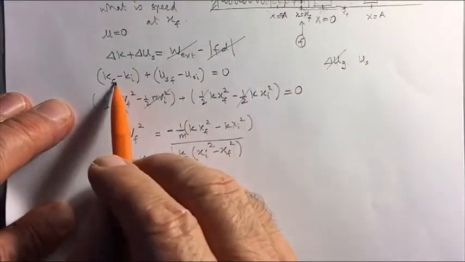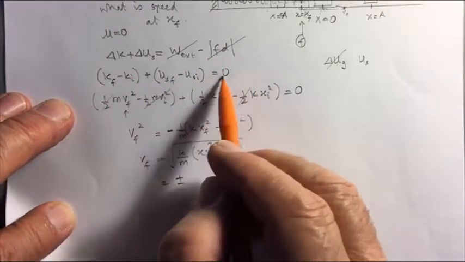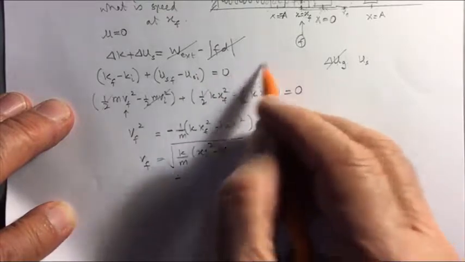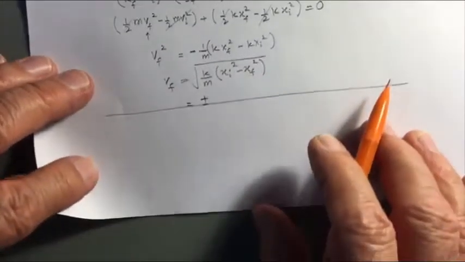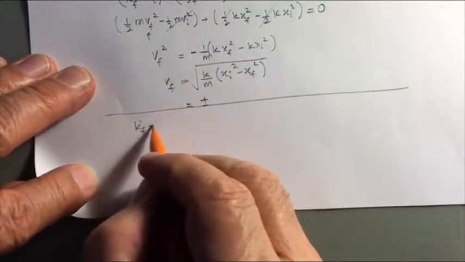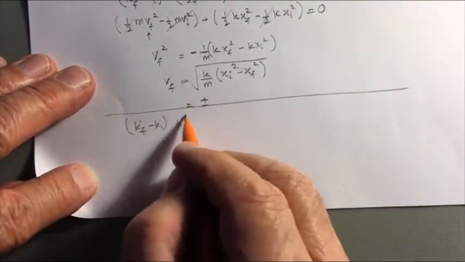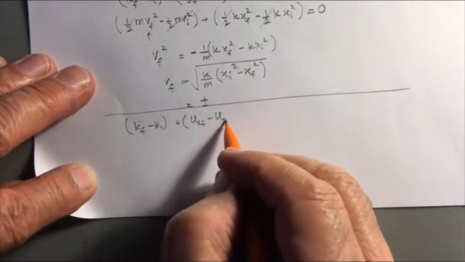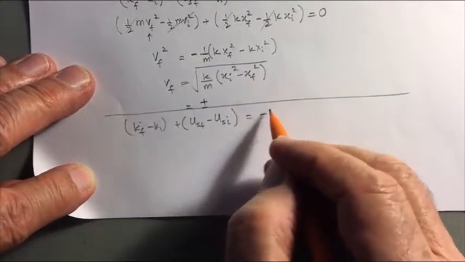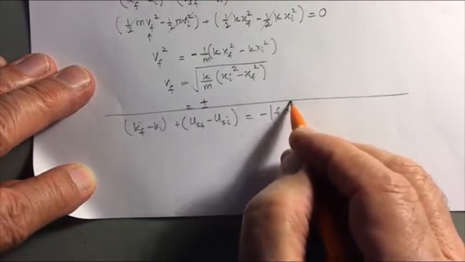In that case, we would have kf minus ki equals a value over here. So let me write that out. It's going to be kf minus ki plus u spring final minus initial minus fd.